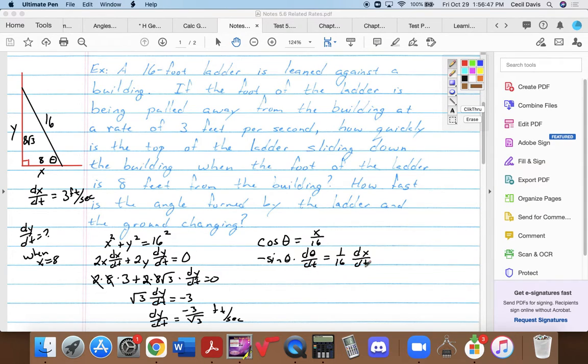So then, well, I know dx dt is 3. Problem is I don't know sine of theta, but at the time in question, we already calculated that this was 8 square roots of 3. So sine will be 8 square roots of 3 over 16. This will be negative 8 square roots of 3 over 16 times d theta dt.